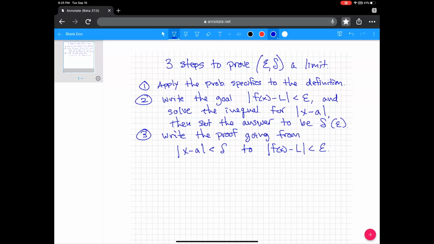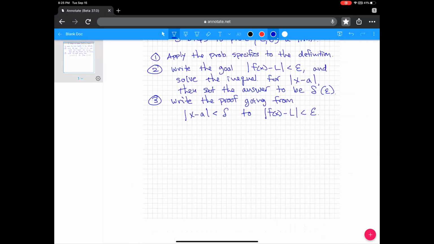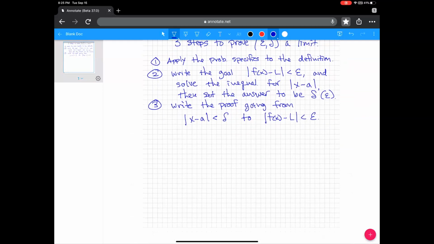So we tried to work previous to this to understand what all of this language means, but sometimes you also just need to see it in action. So these are the 3 steps. So let's see if we can apply these 3 steps. So here's an example.